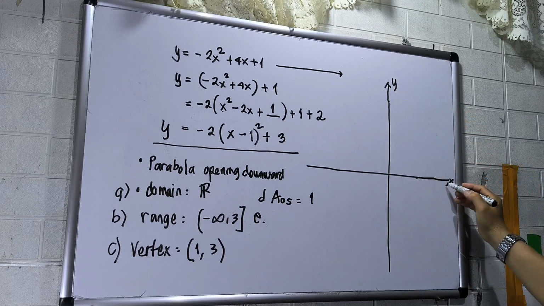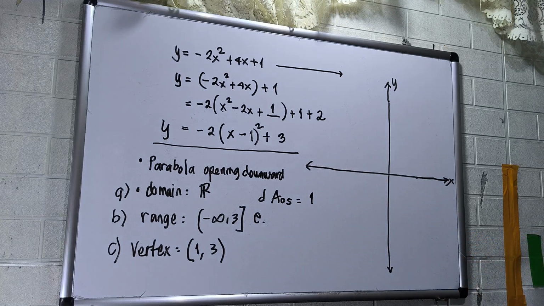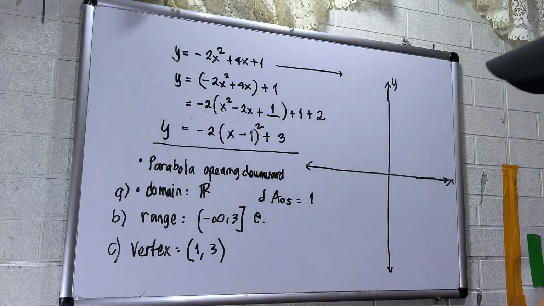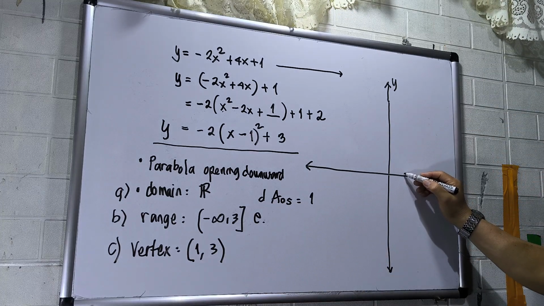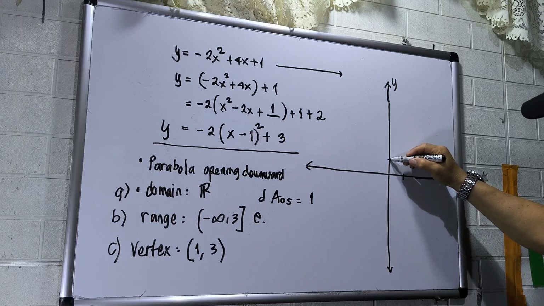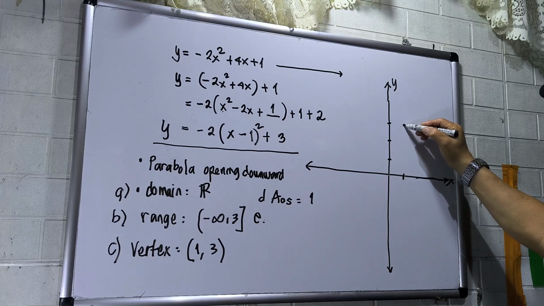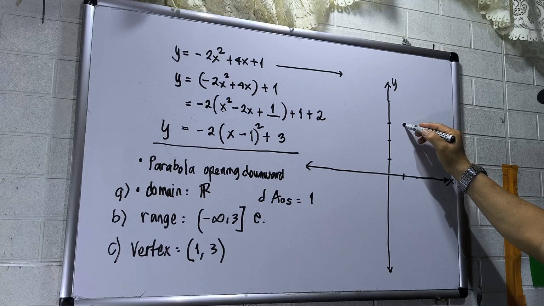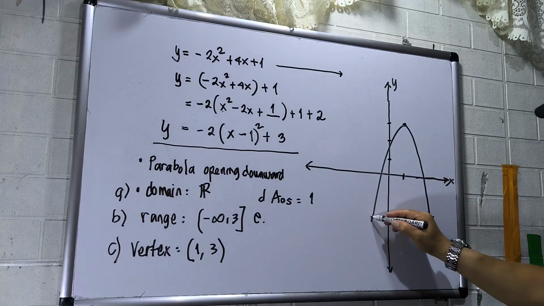This will be y, then x, then this is y. So, vertex, positive 1 and then positive 3. X is 1, then 3 is y. 1, 2, 3. So, in here, this is the parabola opening downward.